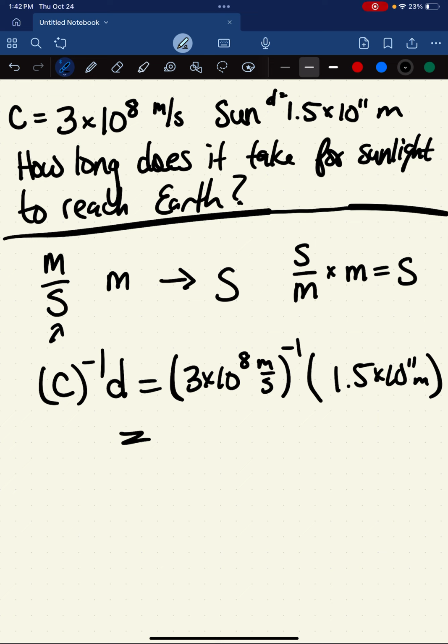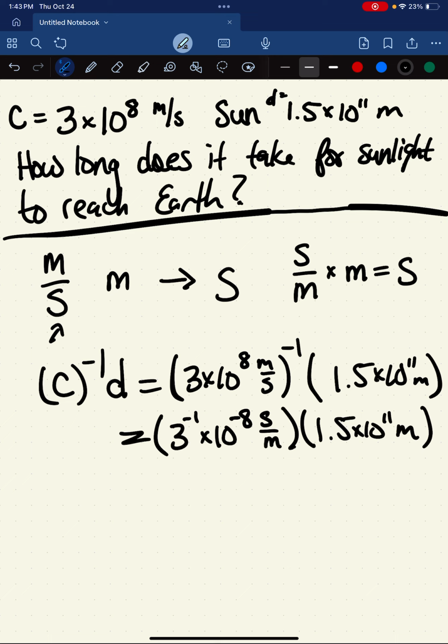Up here we get, we didn't really talk about this, but whenever you do an inverse, if you remember a property that we had before, let's go ahead and write it out. It distributes over multiplication. In seconds, we're now in seconds per meter, times 1.5 times 10 to the 11 meters.